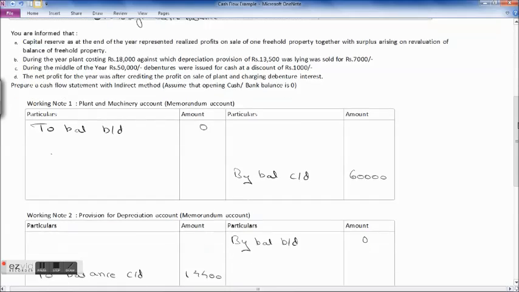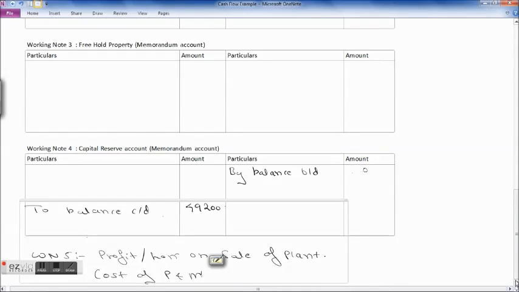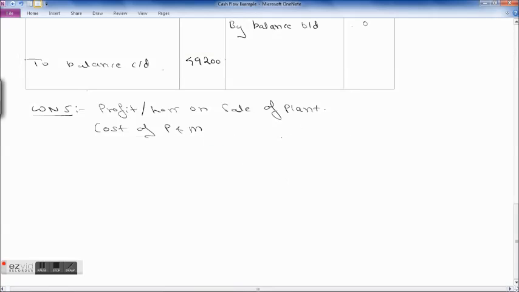And depreciation is 13,500. So 18,000 is the cost, less accumulated depreciation 13,500. So what is the WDV?